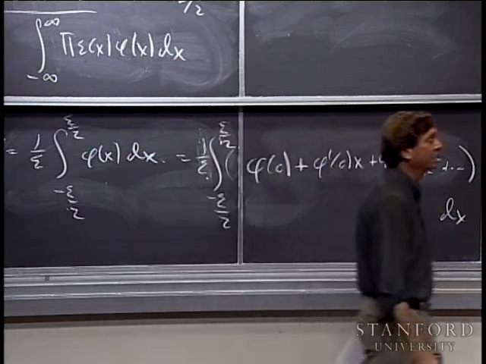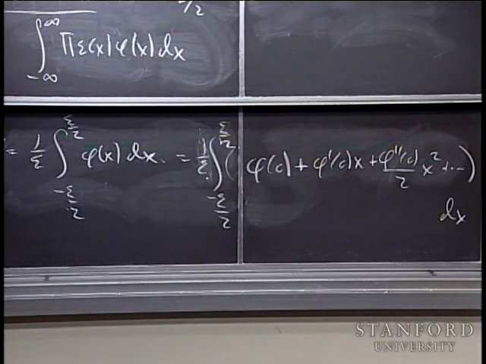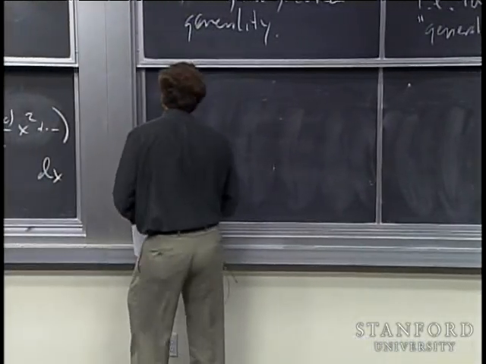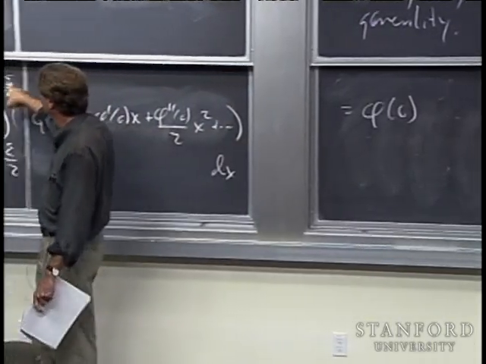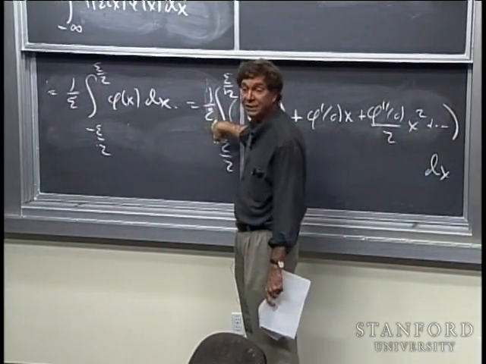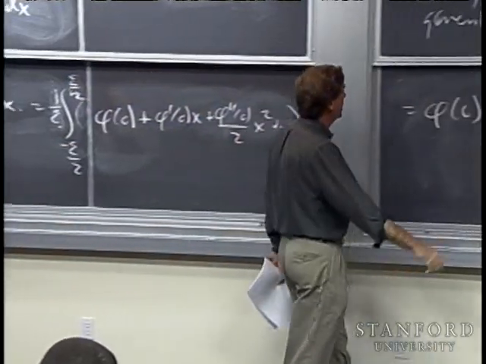All right, what happens if I carry out the integration? Well, the first term, that's phi of 0 times the integral of 1 from minus epsilon over 2 to epsilon over 2, 1 over epsilon, that just integrates to 1. And then the second term, what happens here?